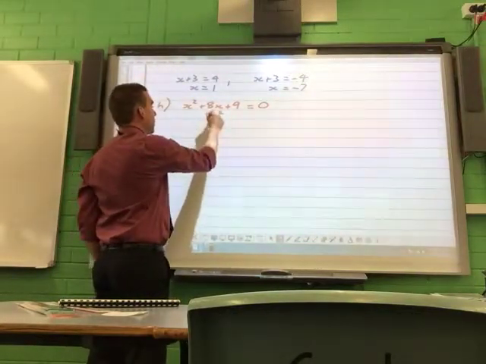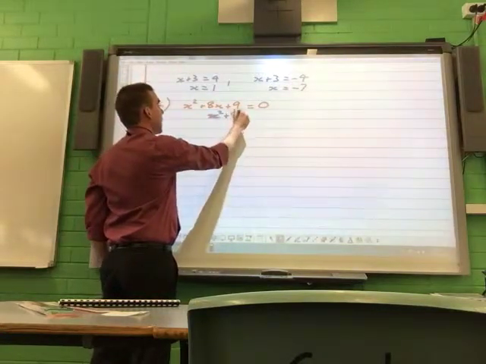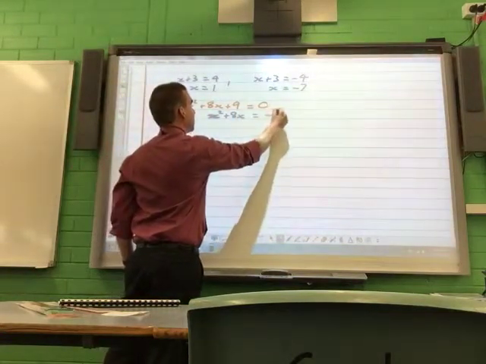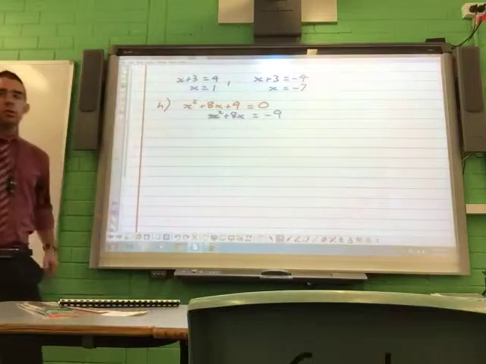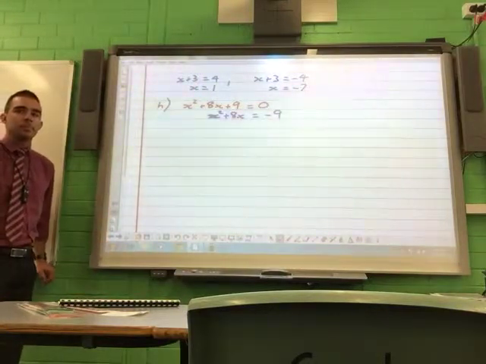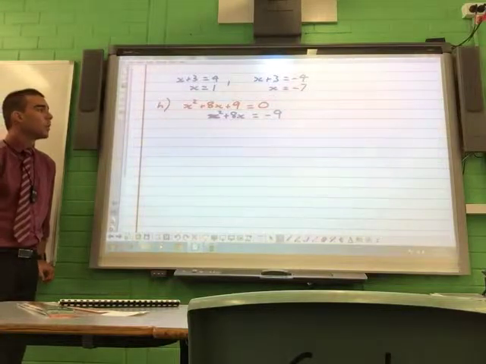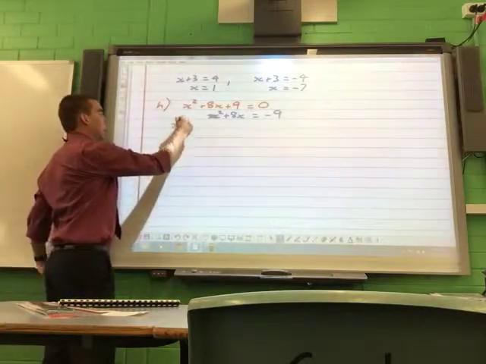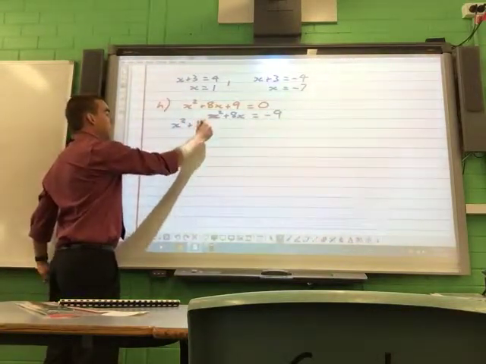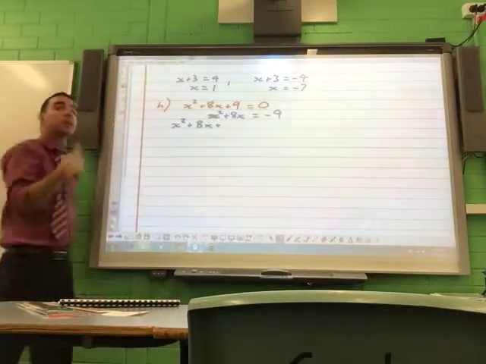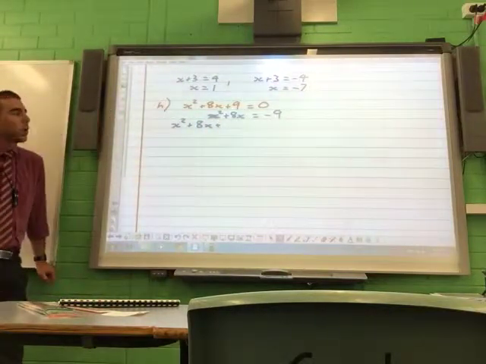So step number 1, x squared plus 8x is equal to, move the constant term to the other side, negative 9. So you need to complete the square on the left-hand side.